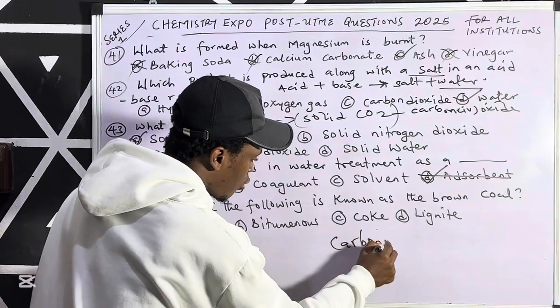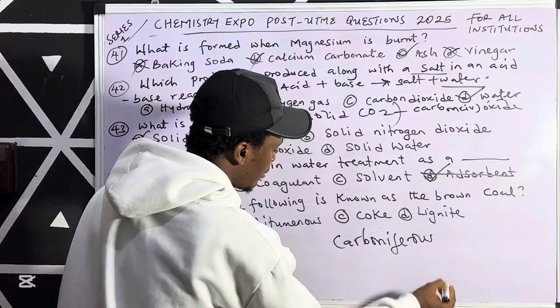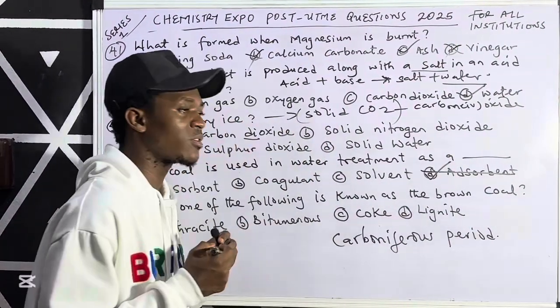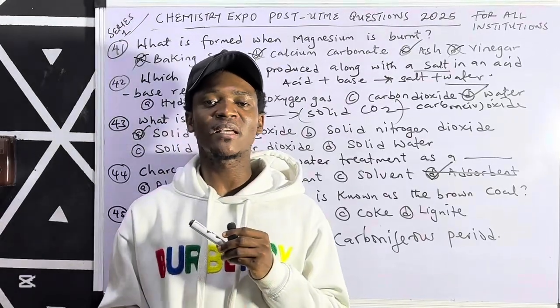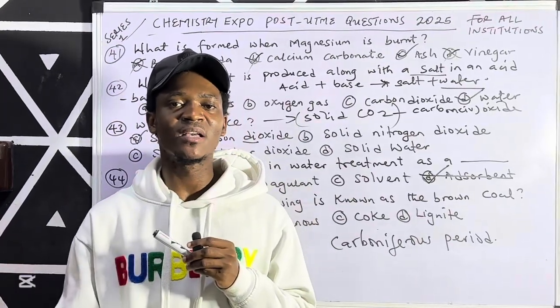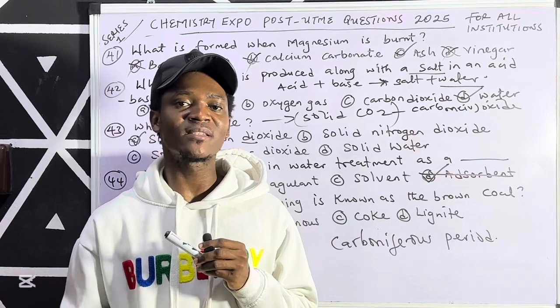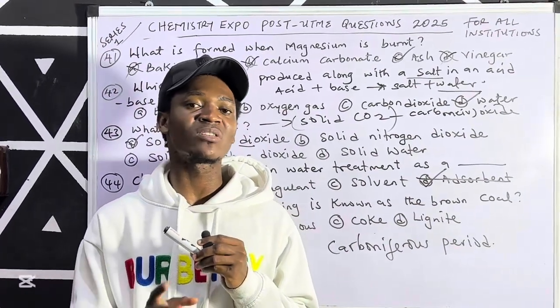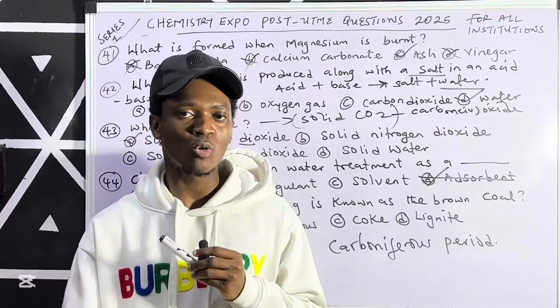In this period, there was earth movement that resulted in the felling of vegetations and then decomposition taking place, resulting in the leftover of a dark deposit, which was later named coal.